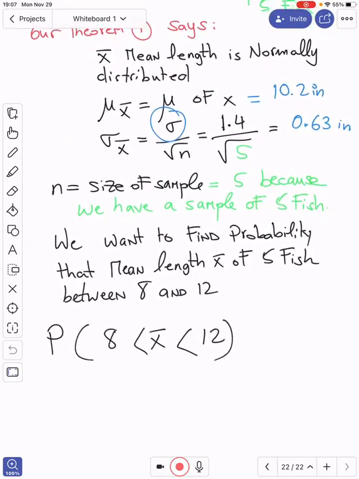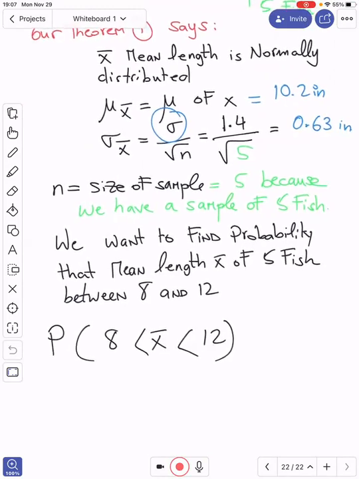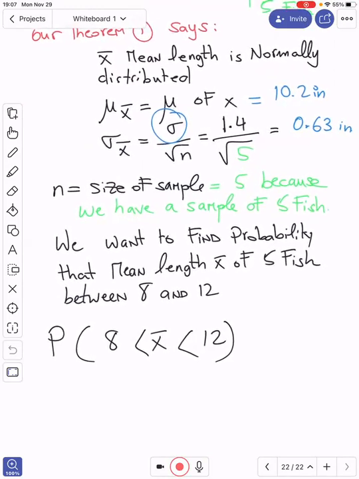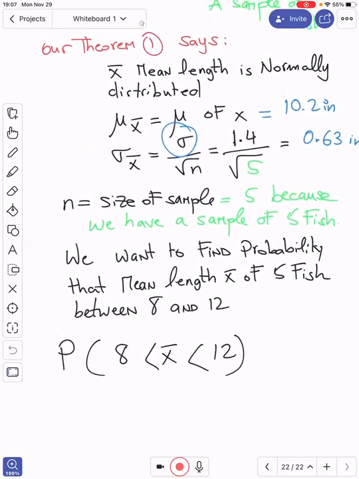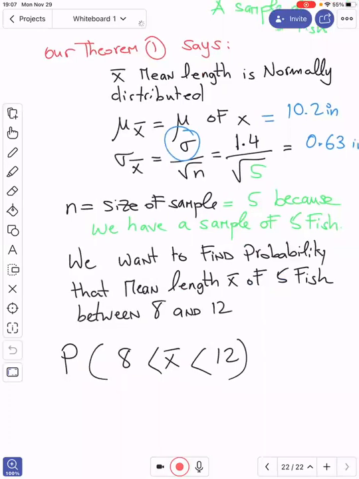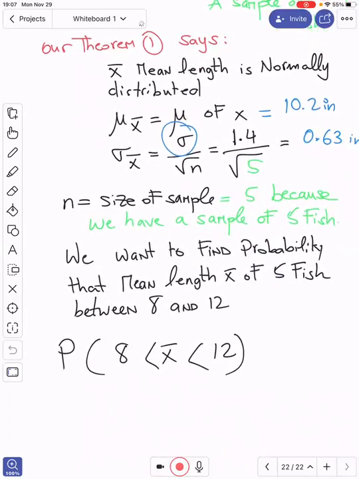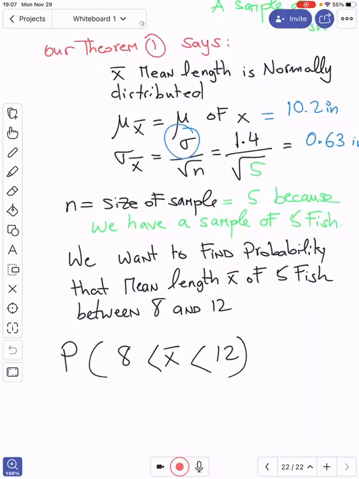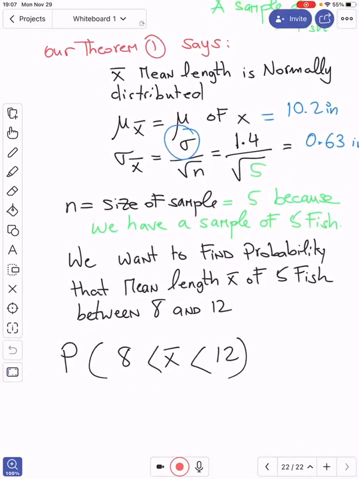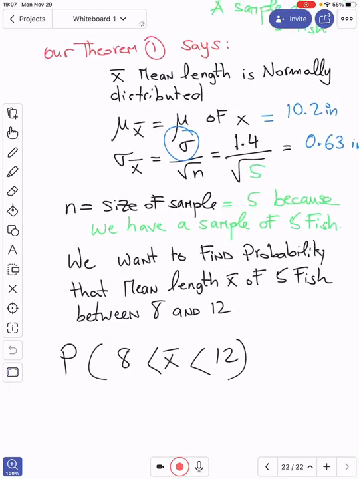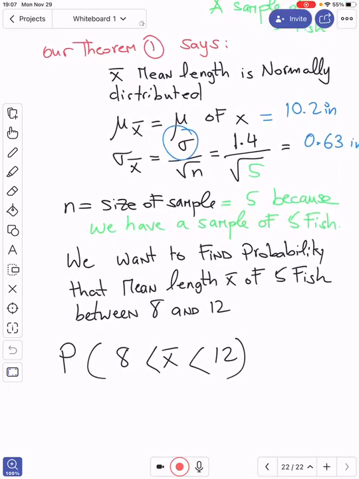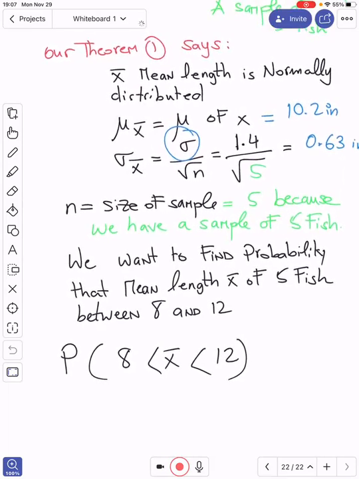So in A, it's just one single fish, that's why it's just x. Here, it's the mean length of 5 fish, so we use x bar, the mean of the sample. Remember the notation for x bar? That's the mean of a sample.